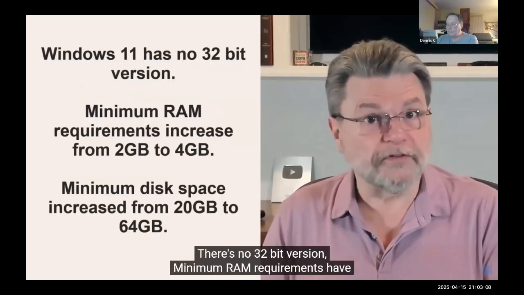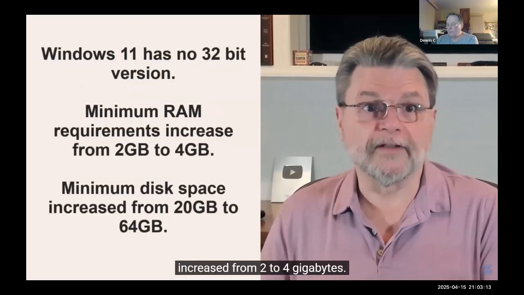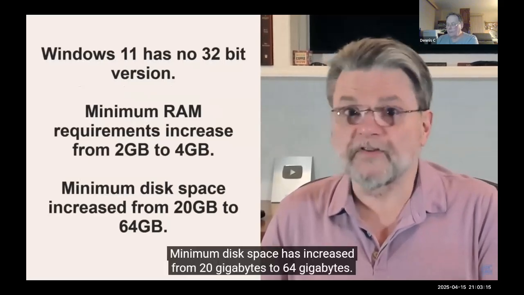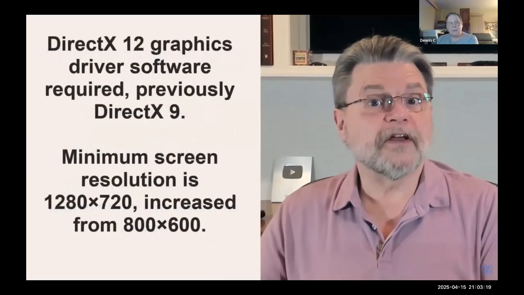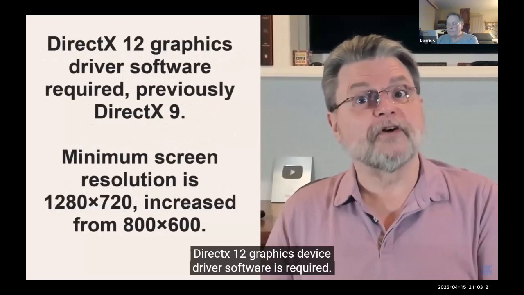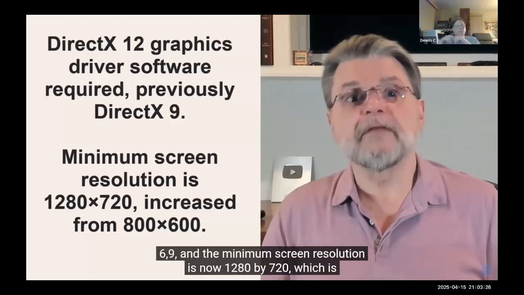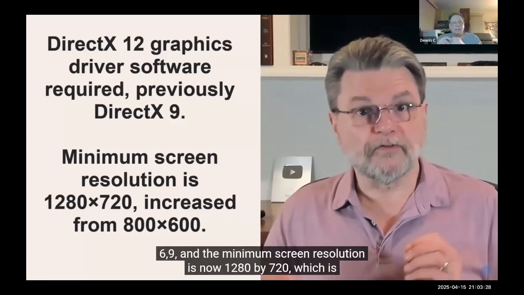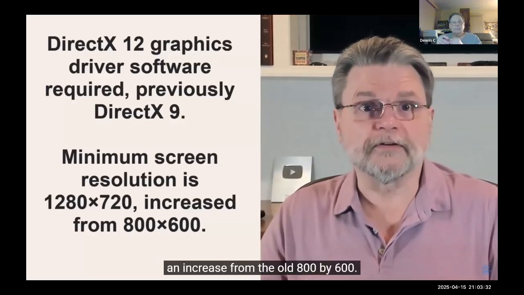There's no 32-bit version. Minimum RAM requirements have increased from 2 to 4 gigabytes. Minimum disk space has increased from 20 gigabytes to 64 gigabytes. DirectX 12 graphics device driver software is required. It was previously DirectX 9. And the minimum screen resolution is now 1280 by 720, which is an increase from the old 800 by 600.